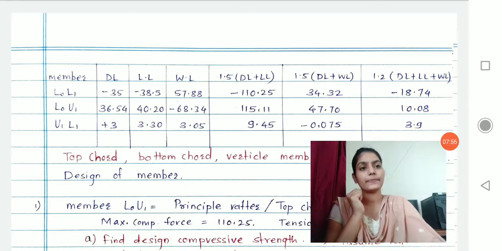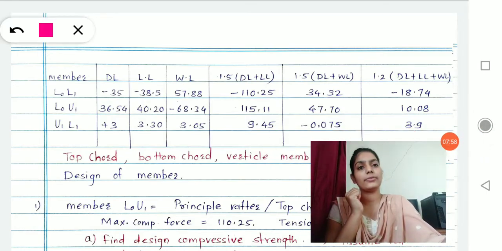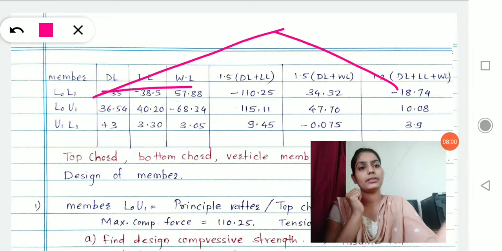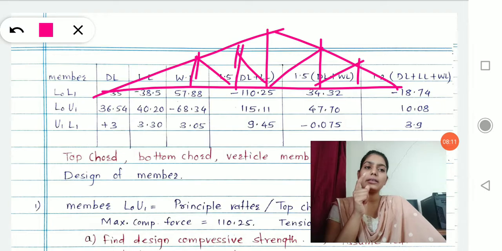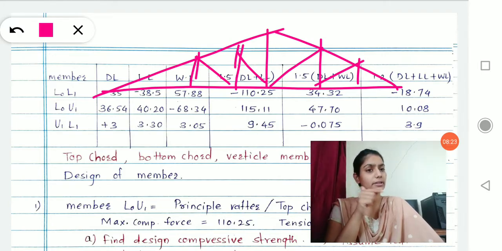See here, if I draw the truss again like this, in this truss you have vertical members and inclined members. And now I'm saying I'm designing only one member, either in the vertical direction, the bottom direction, or the inclined direction.